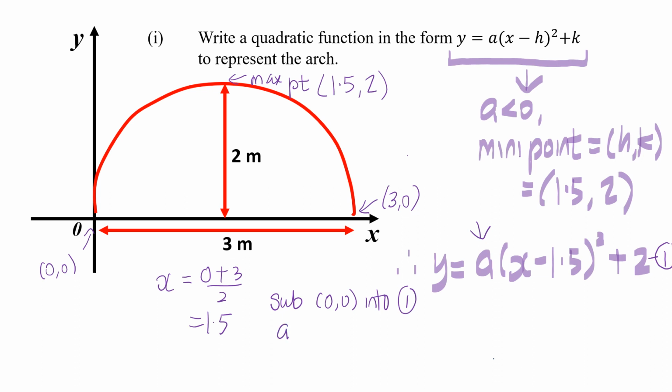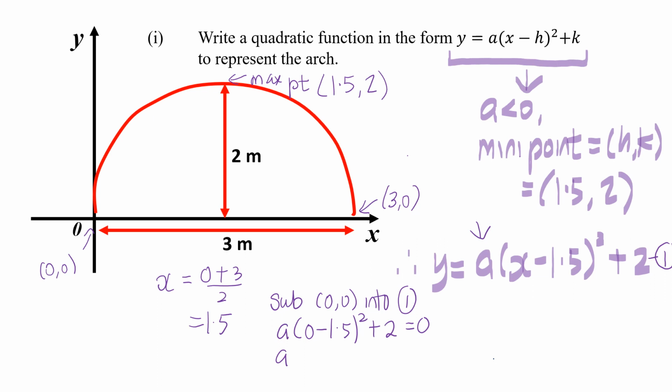I would have a(0 minus 1.5) squared plus 2 equals 0. You can simply use a calculator to evaluate 0 minus 1.5 squared so that we don't have to keep writing it, and that gives you 9 over 4.